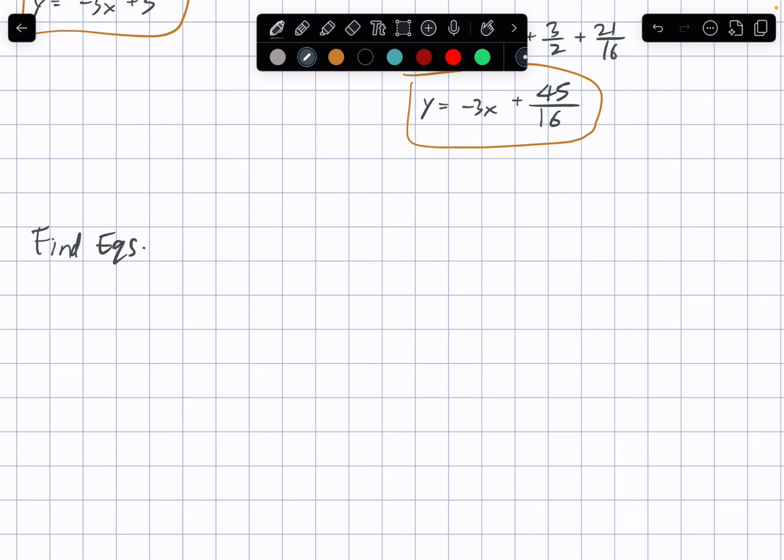So find the equations of the tangent line and normal line to the curve y is equal to square root of x over x plus 1 at 4, 2/5.